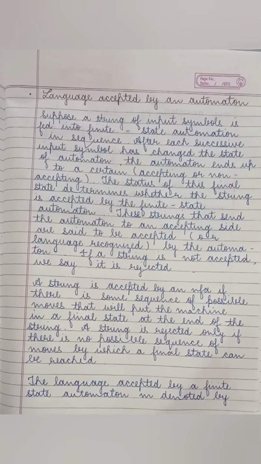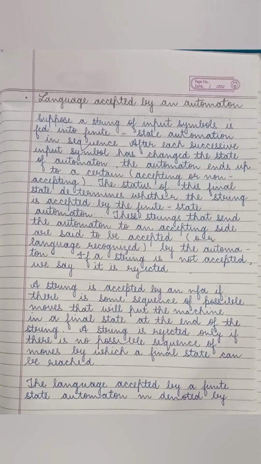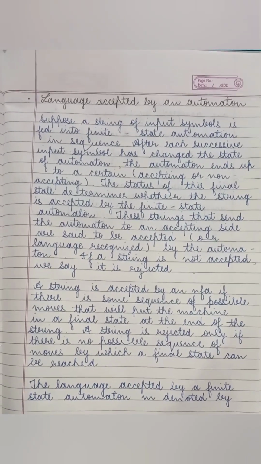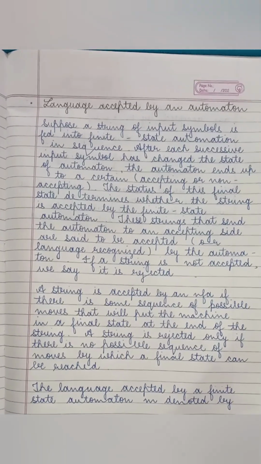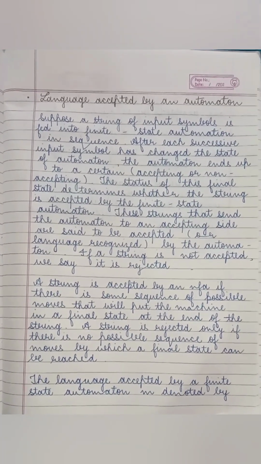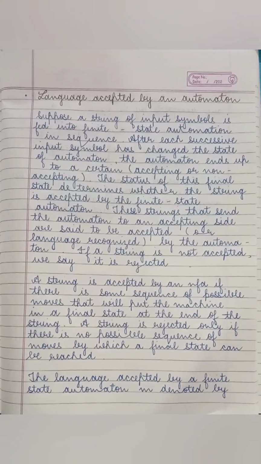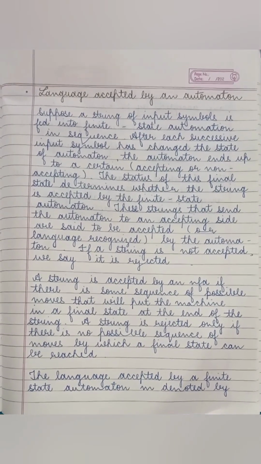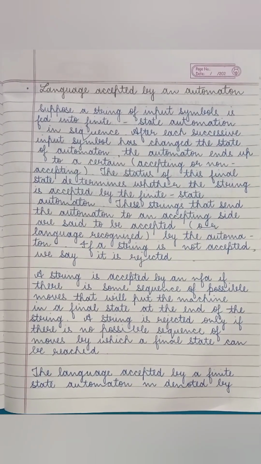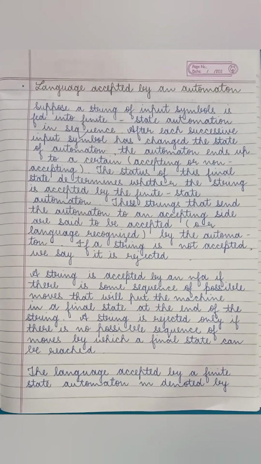The status of this final state determines whether the string is accepted by the finite state automaton or not. These strings that send the automaton to an accepting state are said to be accepted or the language recognized by the automaton. If a string is not accepted, we say it is rejected.